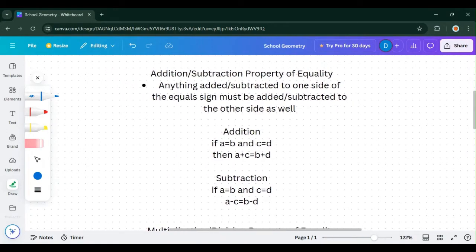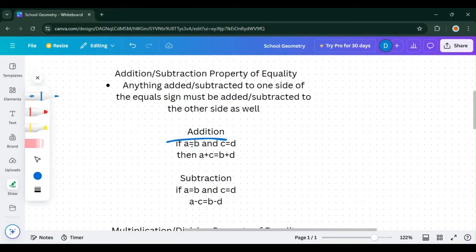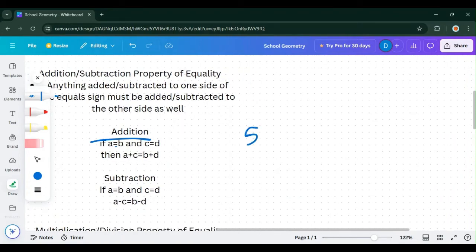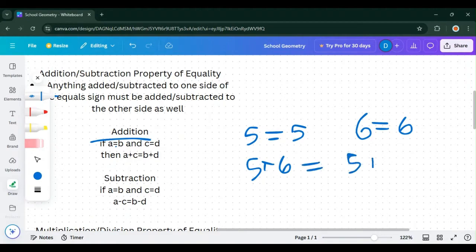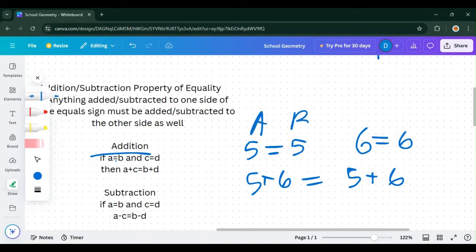So if we have addition, if A is equal to B and C is equal to D, then A plus C is equal to B plus D. We can see this here: if 5 is equal to 5, and 6 is equal to 6, then 5 plus 6 is equal to 5 plus 6. And we can replace the variables as well and see that works too.